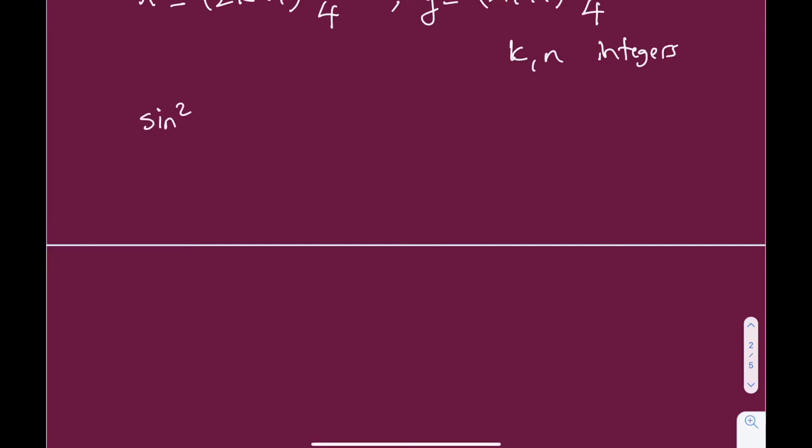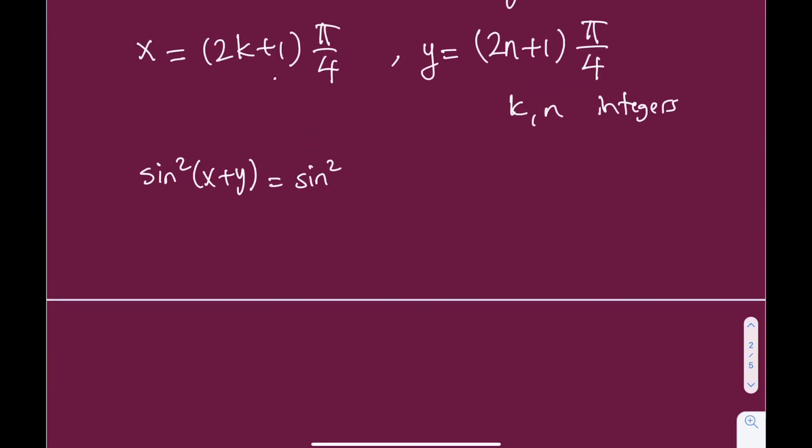Sine squared (x plus y), which is supposed to equal, if we substitute, for x we're going to use this one, and for y we're going to use this one. So their sum is going to be an even number, which we can divide by 2, and that's going to give us, after cancelling, pi over 2 multiplied by (k plus n plus 1).